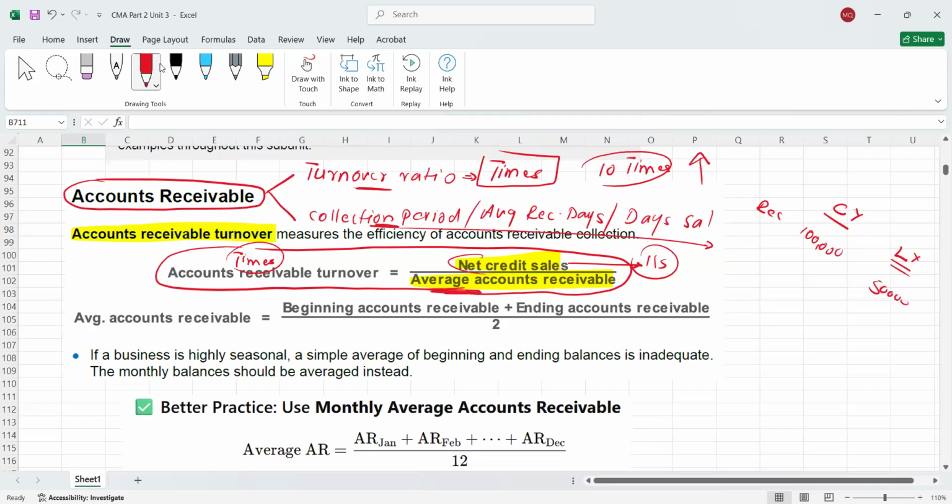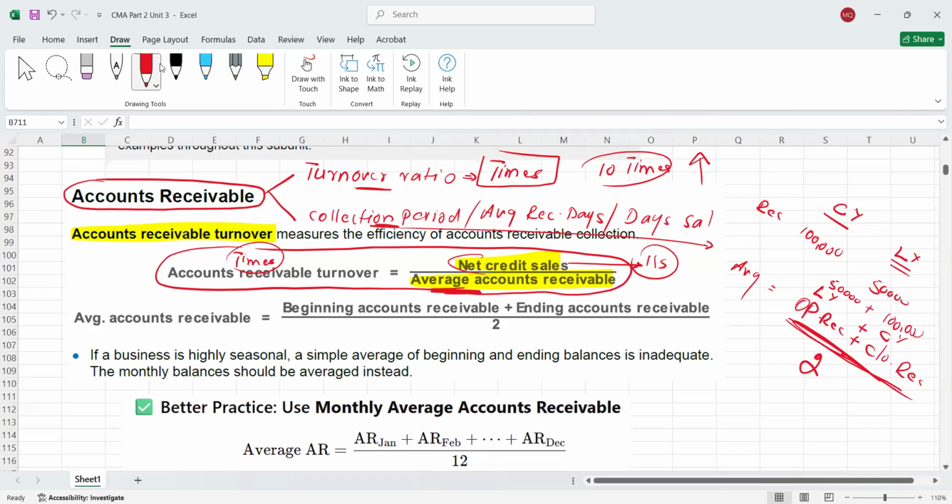Because we want an average, this is how it is always calculated. You take opening receivables plus closing receivables, or the last year receivables plus the current year receivables, it's the same thing, divided by 2. Why 2? Because these are the two figures you are trying to average. For example, last year receivables were 50,000 and current year receivables are 100,000.